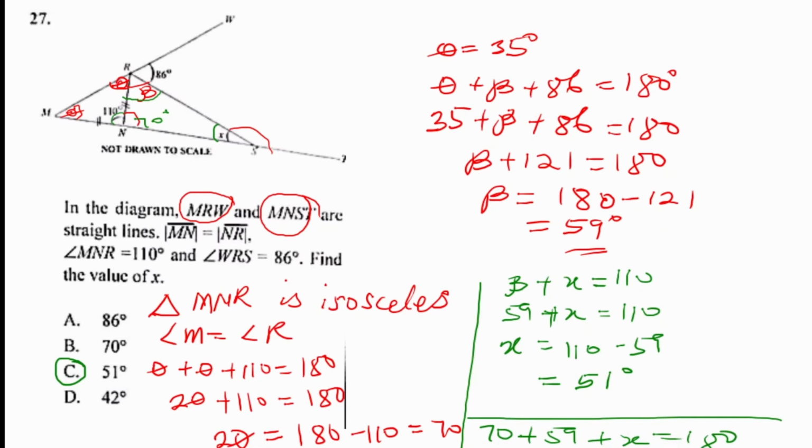So this will give us 129 plus x equals 180 degrees. Subtracting 129 from both sides, our x will be equal to 180 degrees minus 129, and that will be equal to 51 degrees, which is also the same as the other method.